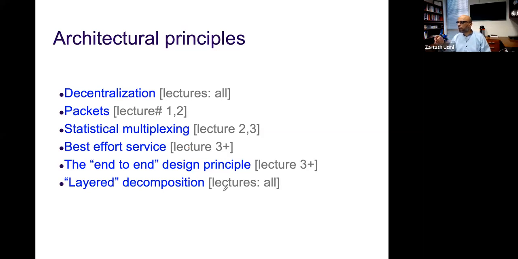A piece of software sitting in your machine will decide, give this to this application, give this to this application, give this to this application. You don't have to write that piece of software. That piece of software is already written for you, and that layer is called the transport layer.